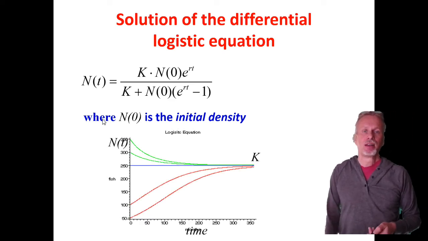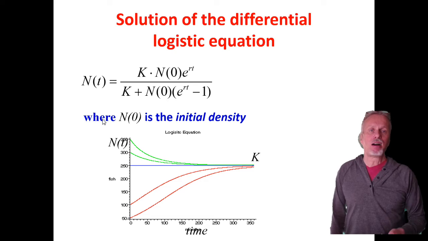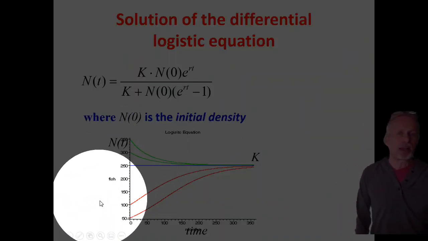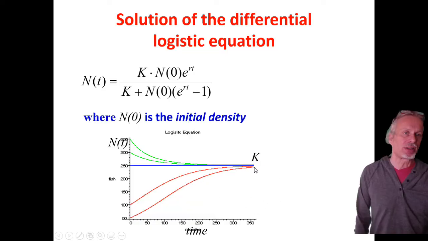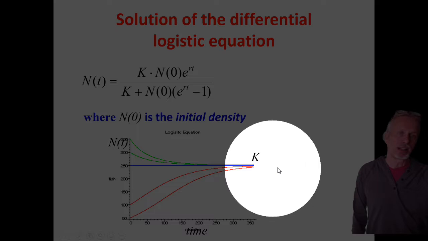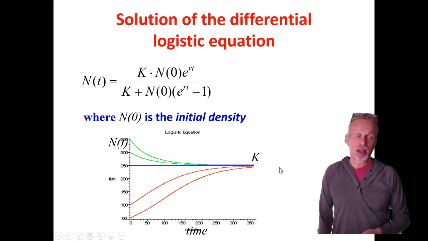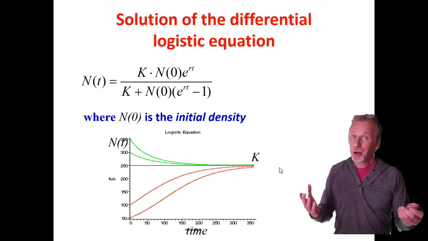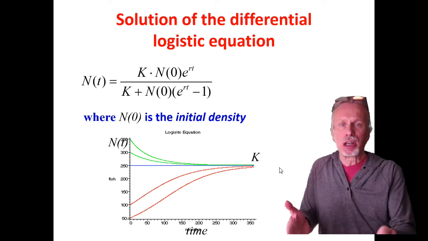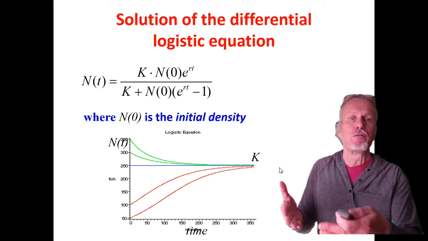So we will run some R script to show that if we start below the carrying capacity, the population will increase and tend to the carrying capacity. If we start above the carrying capacity, it will exponentially decrease and tend to go back to the carrying capacity. On the other hand, we said the carrying capacity is indeed an attractor, and simulation, of course, can only confirm that.